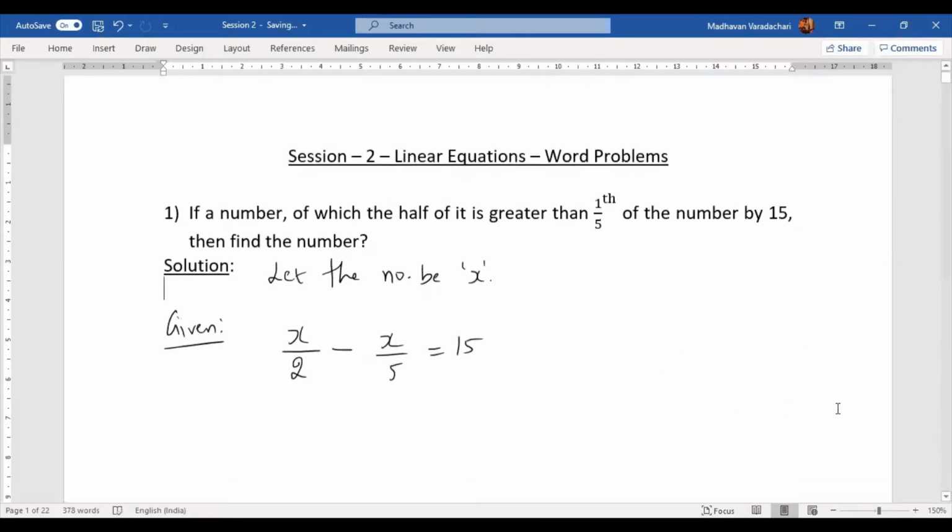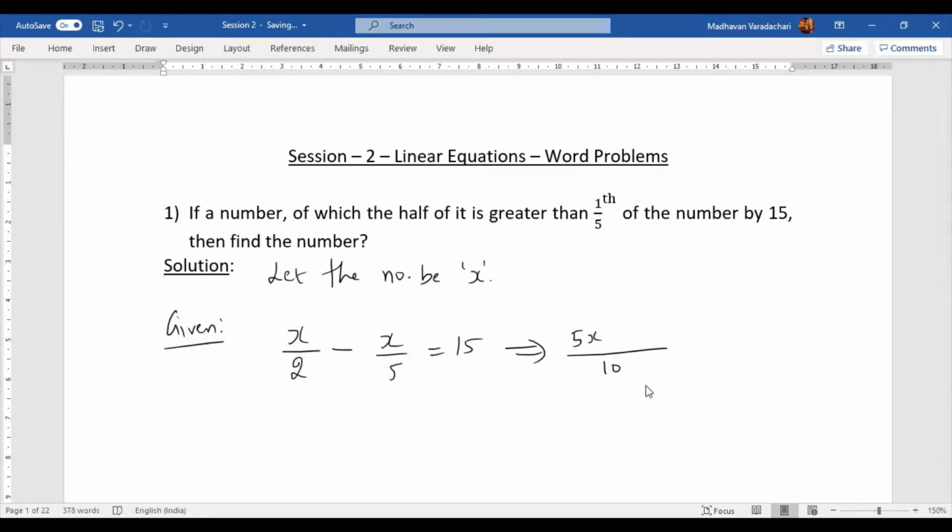So once we form the equation, then it is only a matter of solving it. So here we have the LCM for 2 and 5 is 10. So this becomes now 2 into 5 times is 10. So that means this is 5x. And here it is 5 into 2 times is 10.